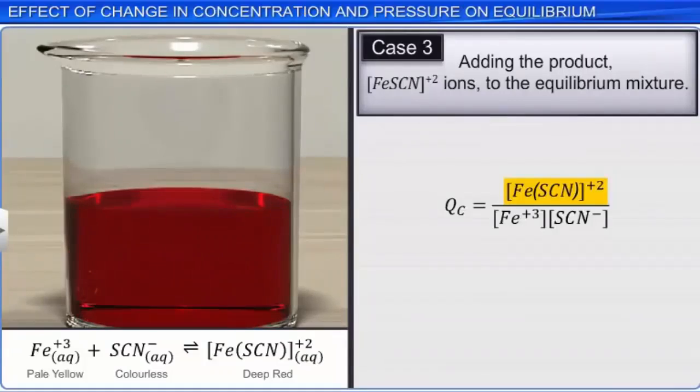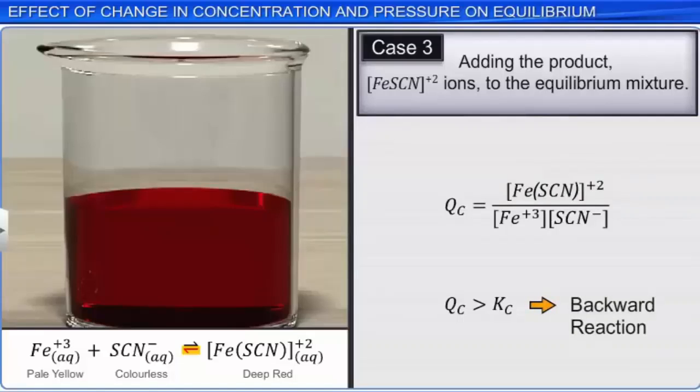Thus, you can say that adding a product to the equilibrium mixture results in the backward reaction. This results in Qc becoming greater than Kc. Hence, the backward reaction, that is, the dissociation of FeSCN²⁺ ions into Fe³⁺ and SCN⁻ ions, takes place.